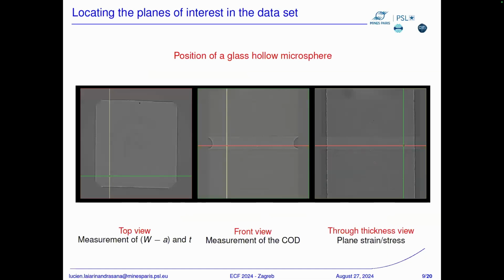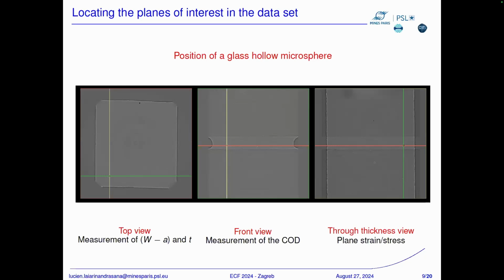Now, going to the tomographic data. Because we have to follow a plane in something which is deformed a lot, we have located this microsphere here. It's well positioned in the remaining ligaments.